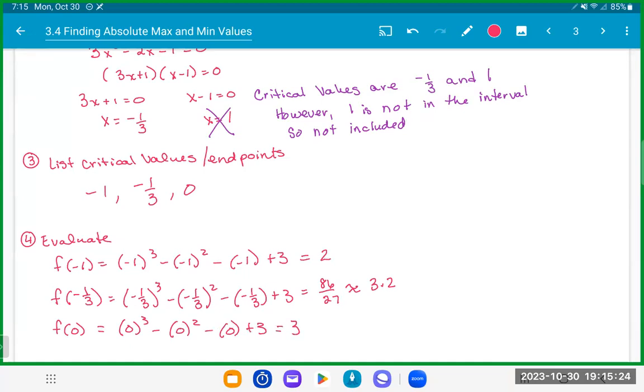Okay. So now we want to determine what is our absolute max and what is our absolute minimum, right? And so we'll see here the largest value is 3.2, right? So this here is going to be my absolute maximum at this point.